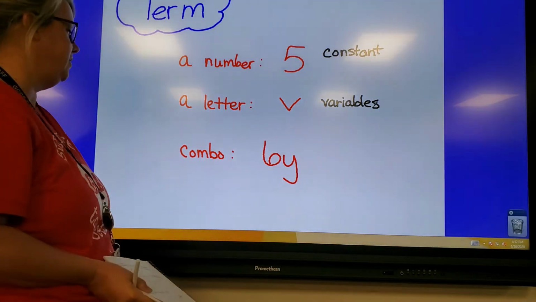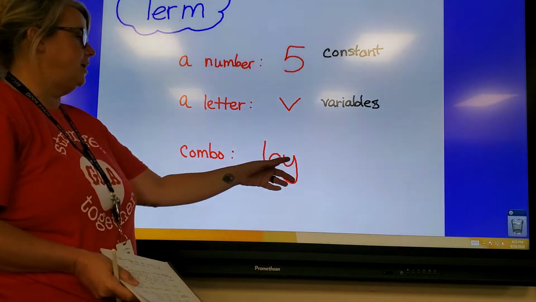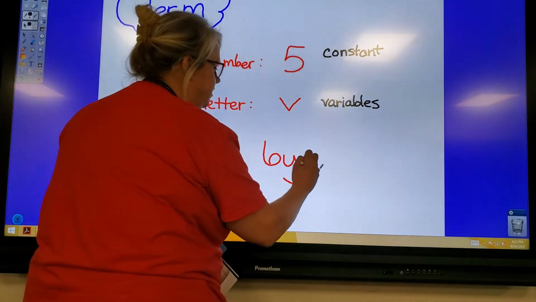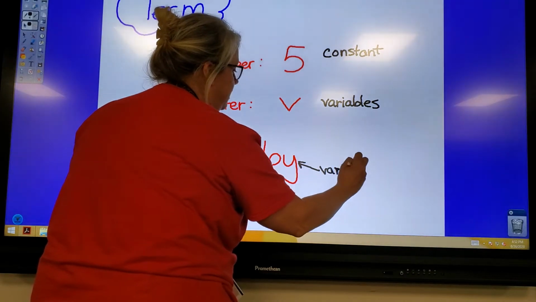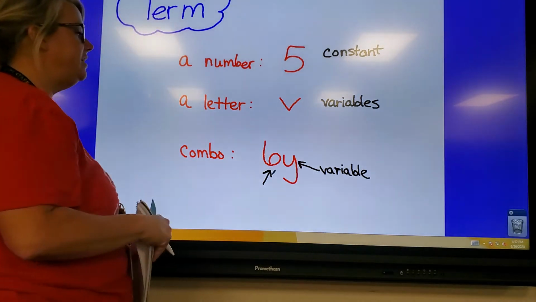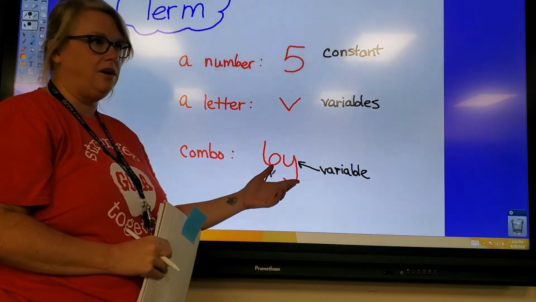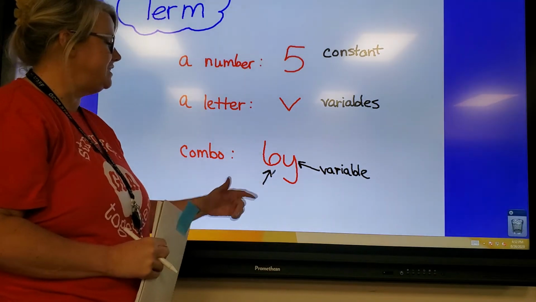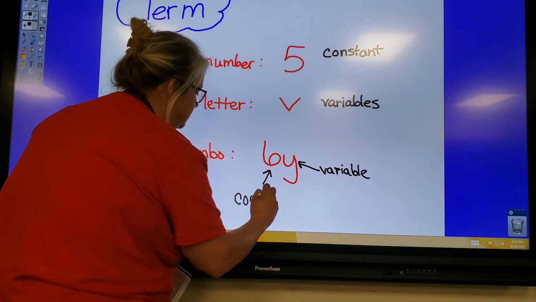Same thing with this. And then when you have a combination of the 2, you have a number and a letter. The letter is still called a variable. However, the number is not called a constant anymore, because the number, the value of this term, is going to change depending on what we say the variable is. So the 6 is called a coefficient.